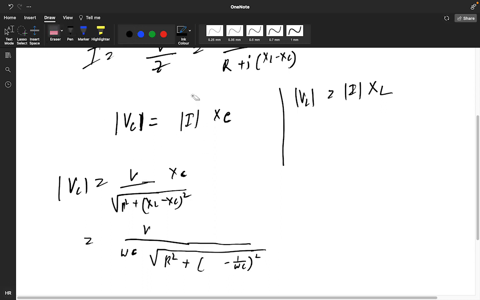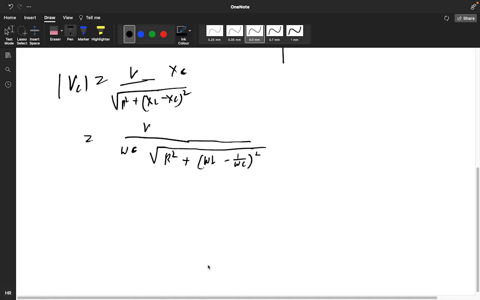For finding the maximum frequency, what you have to do with respect to omega? dVC by d omega, and you have to equate it to 0.